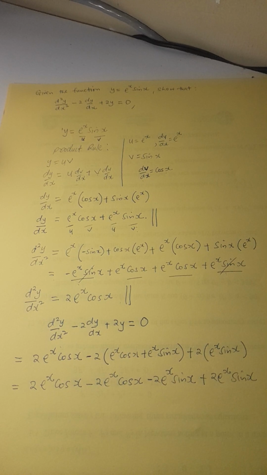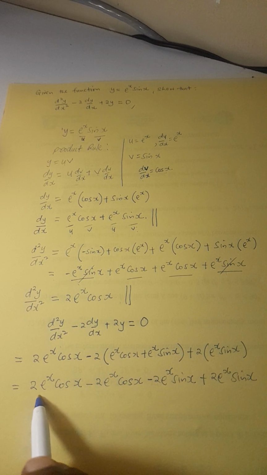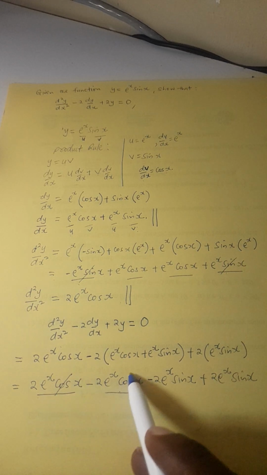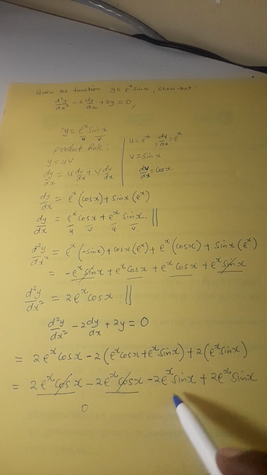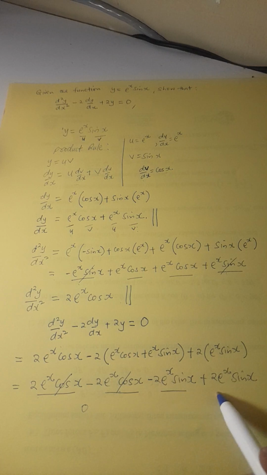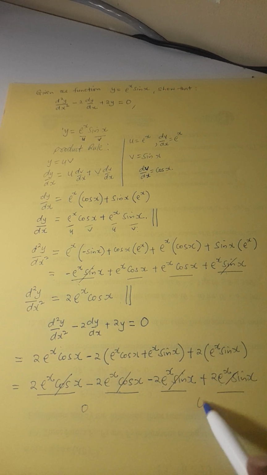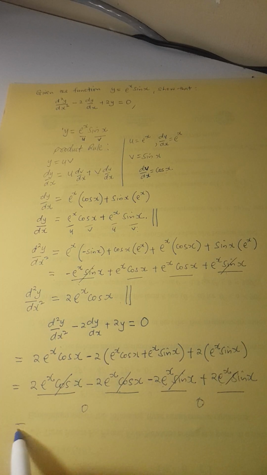Now let's see this. We collect the like terms. This one is the same as this one, positive, negative. They cancel out, so we have a 0. These ones are the same, negative, positive. They cancel out, we have a 0. So 0 plus 0 gives us 0.